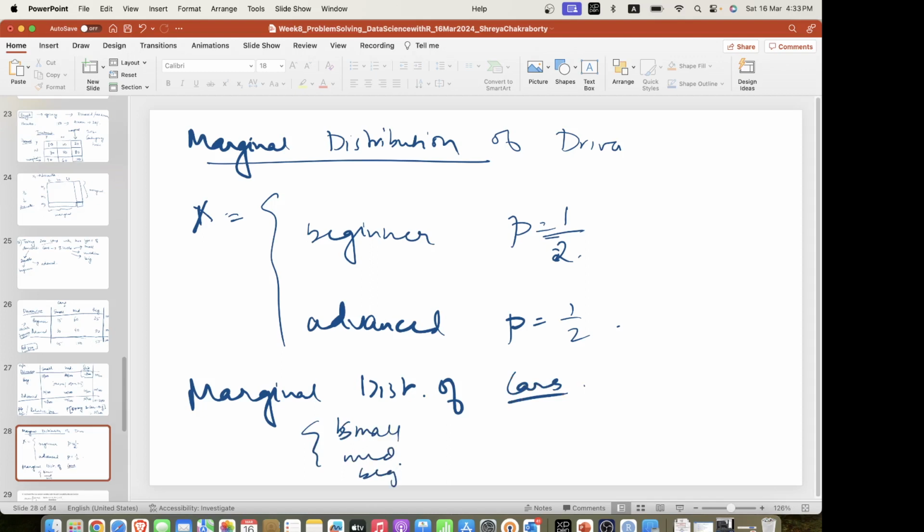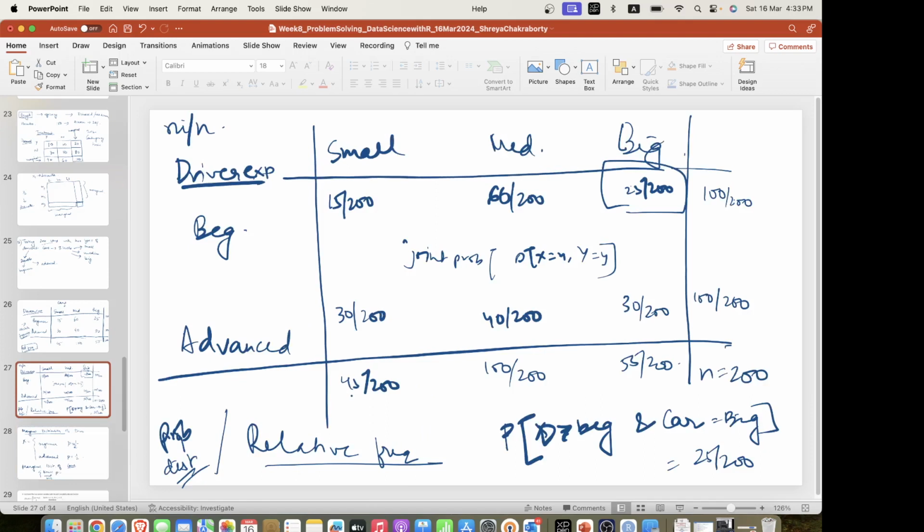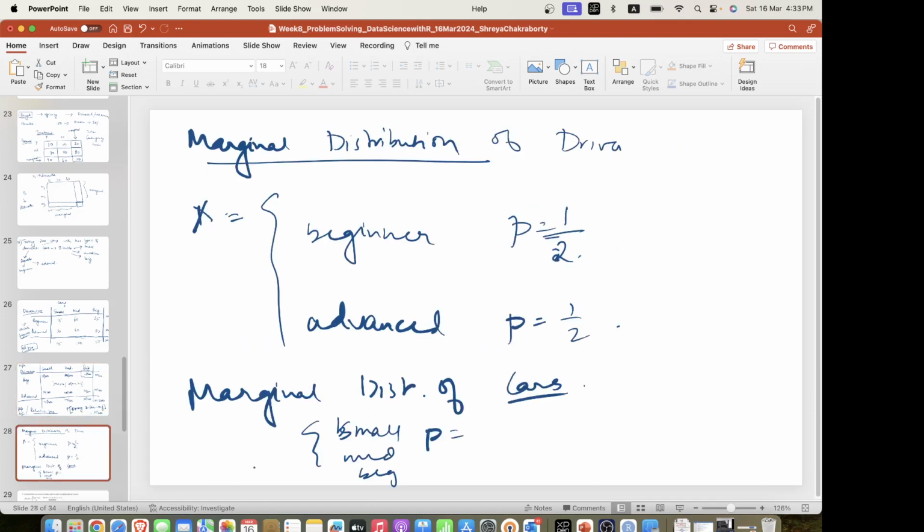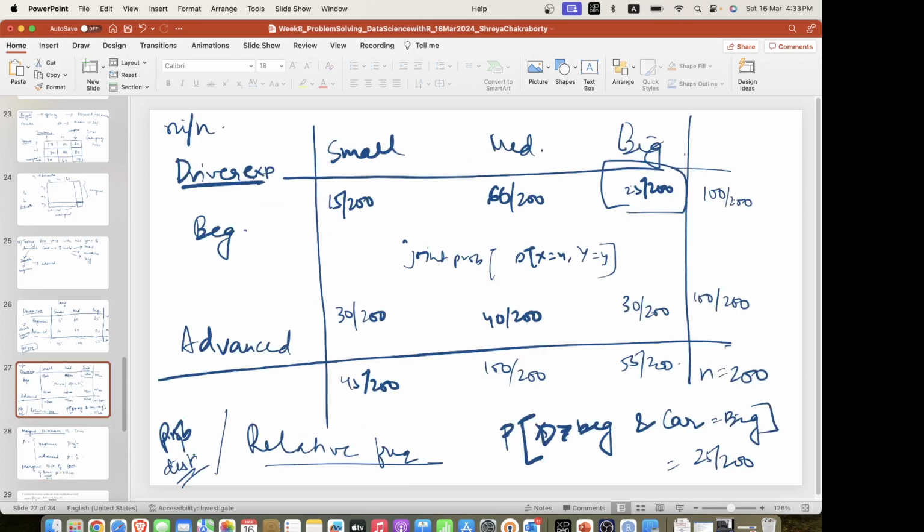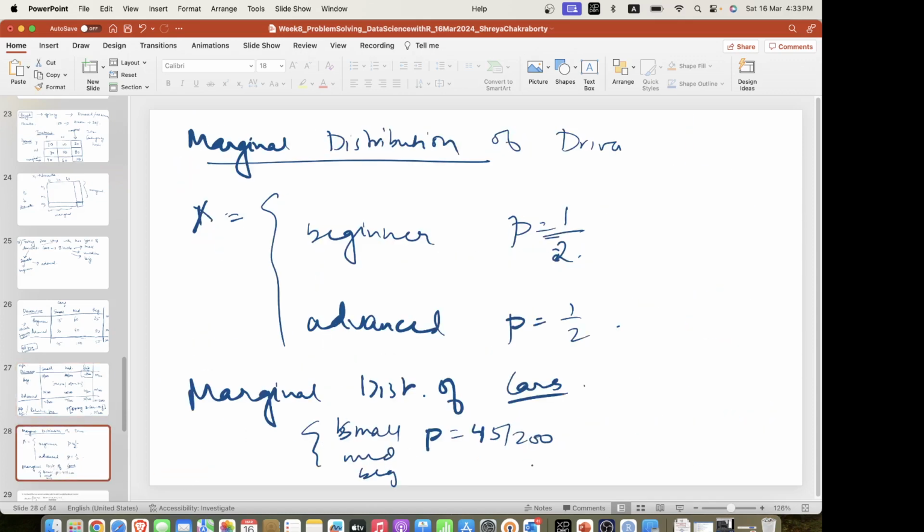So that probabilities would be along these axes. So it would be 45 by 200, whatever that is. This would be 100 by 200, that is half. Medium will be half, and this will also be 55 by 200.